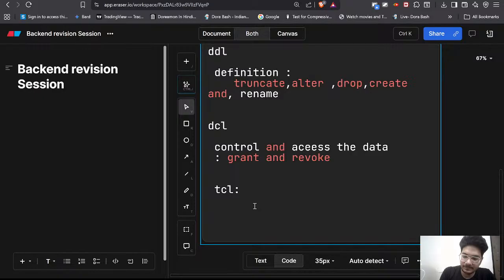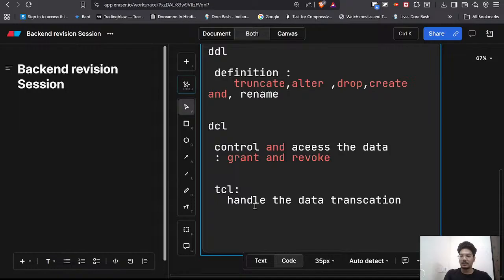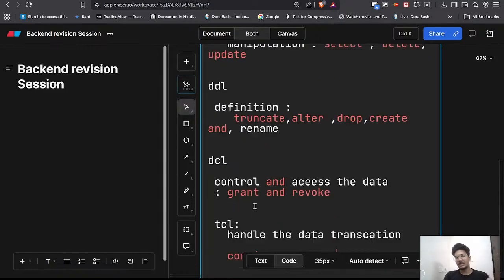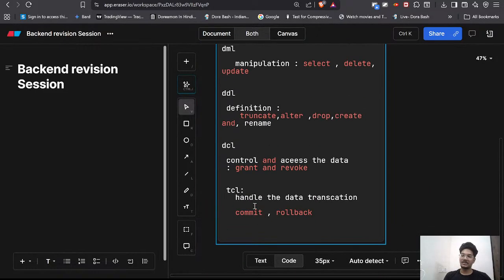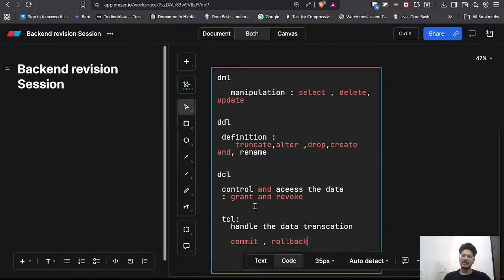Data transactions are handled by commit and rollback. These are the languages present in the DBMS.